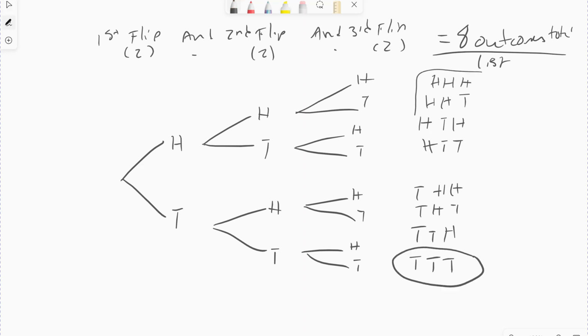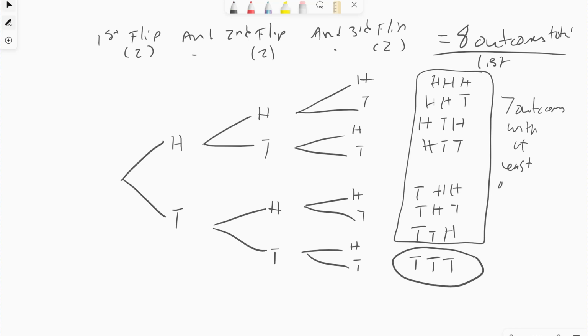That's the only outcome that doesn't have an H in it, right? If you count them, those are the 7 outcomes with at least 1 heads. This is the only outcome with no heads.